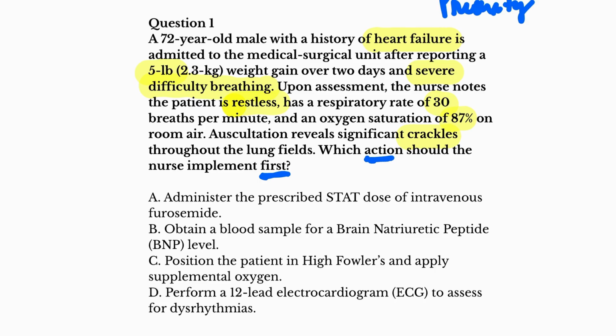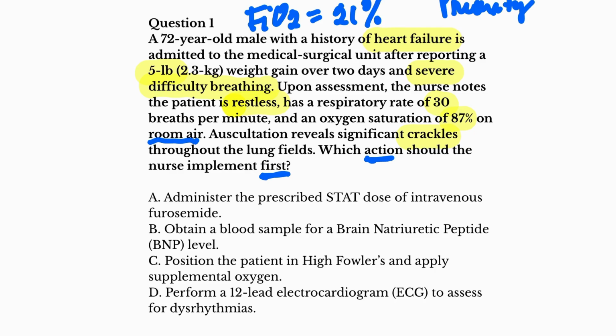So that's what it's asking. Now, a couple of notes. When we say the patient is on room air, we're actually talking about an FiO2 of 21%, right? So just remember that, a basic understanding of how many percent of oxygen that is when we say room air.